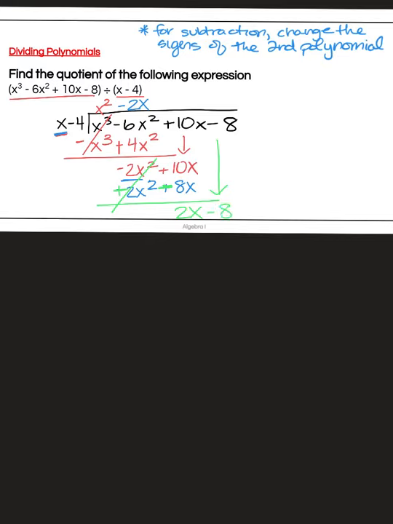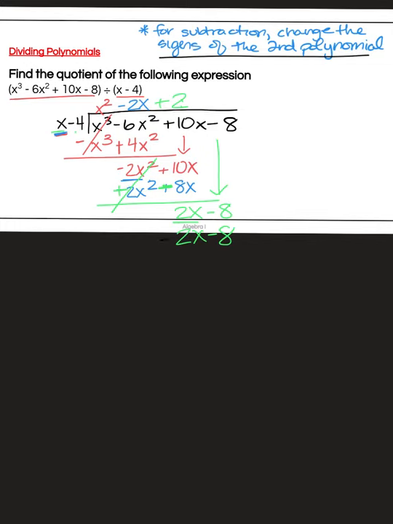In my last round, x times what is going to get me 2x? That's a positive 2. So 2 times x is 2x, and 2 times negative 4 is negative 8. Again, I change the signs of the second polynomial.